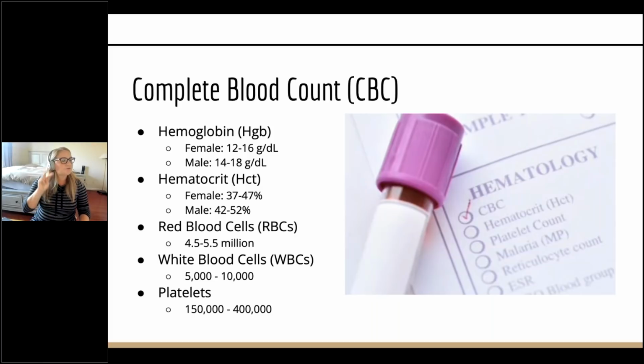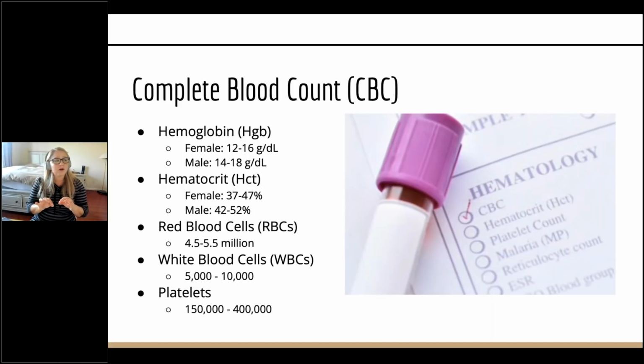Okay, so the first two numbers you're going to see on a complete blood count are what I'm going to refer to as your H&H, your hemoglobin, and then your hematocrit. Let's talk about your hemoglobin first. Like I said, it's that protein, remember, binding to oxygen, carrying that out to your tissues. And we're going to monitor how much of that hemoglobin is present in your patient's bloodstream.